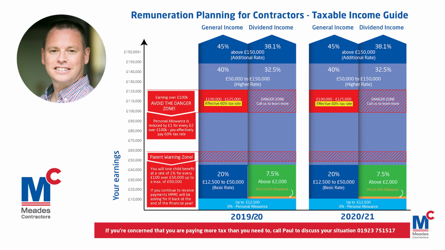And it will be very important for you to understand what your new remuneration strategy should be going forward from April 2021. For most business owners and contractors, I would expect this to be £792 per month, but there will be a national insurance burden for you to bear in mind as part of that.